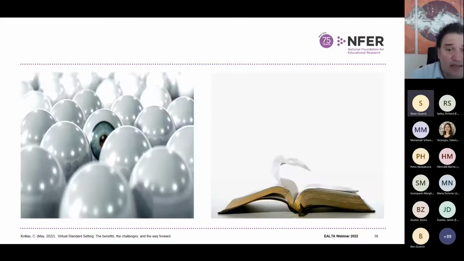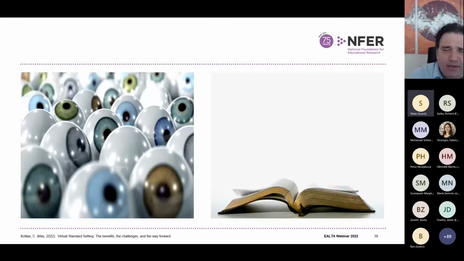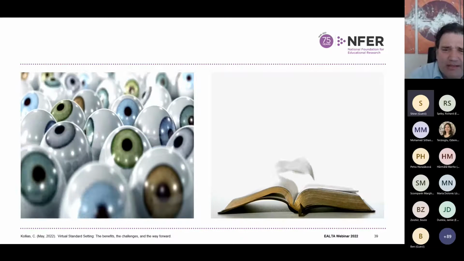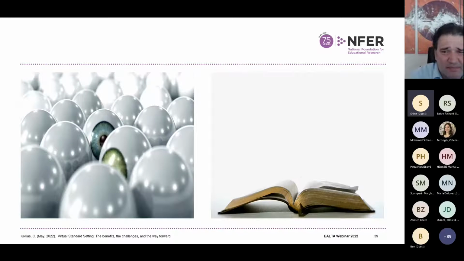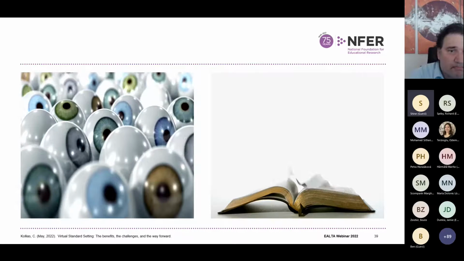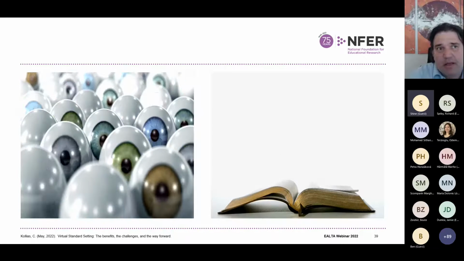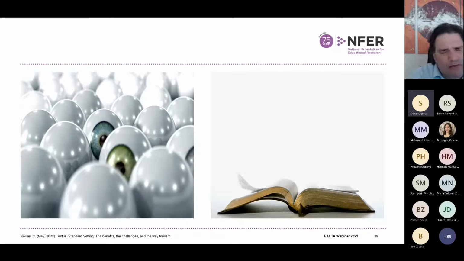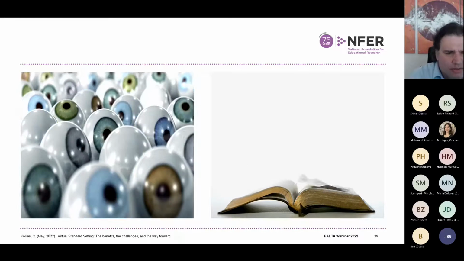So next best thing, I started looking around. I started reviewing the literature again to see whether any other researcher had placed multiple panels on the same latent scale. And I didn't find any, which is what I actually expected, because having multiple panels is very expensive, especially if you're doing a face-to-face environment.